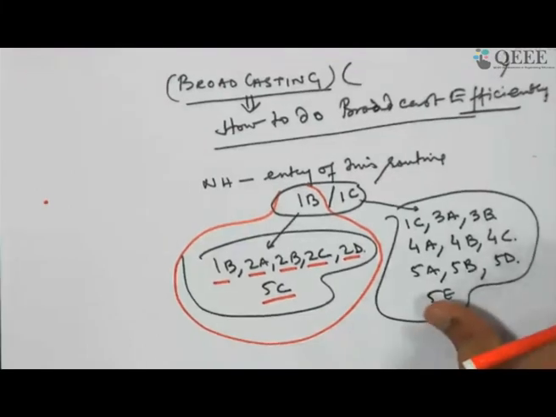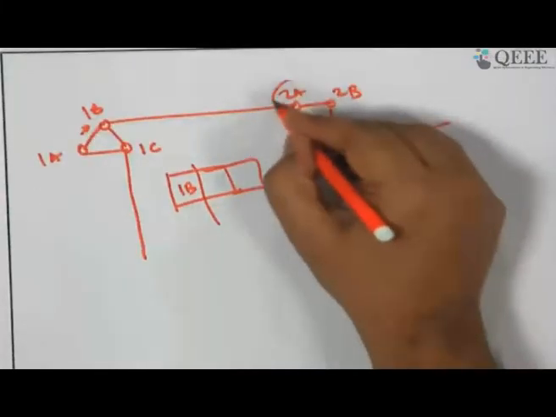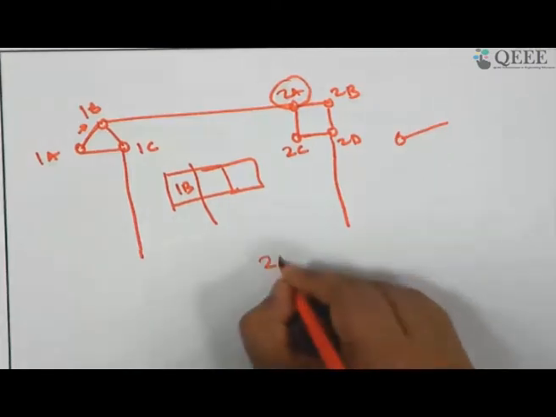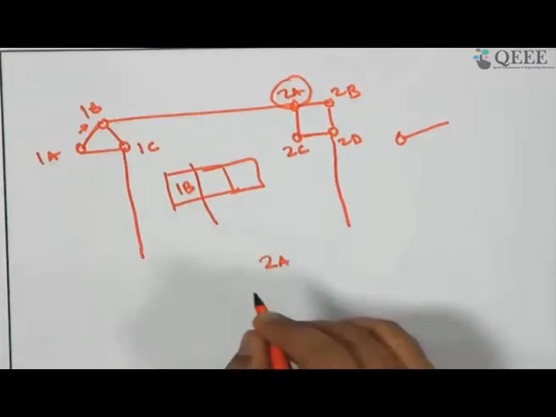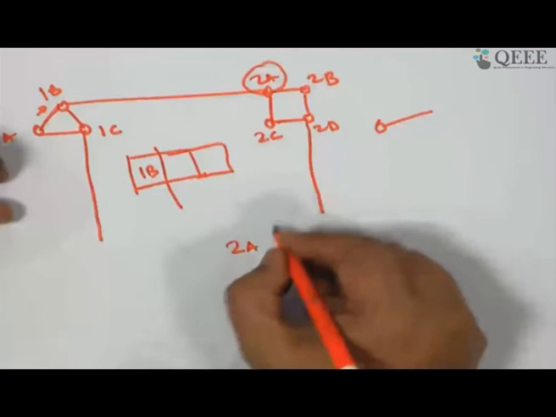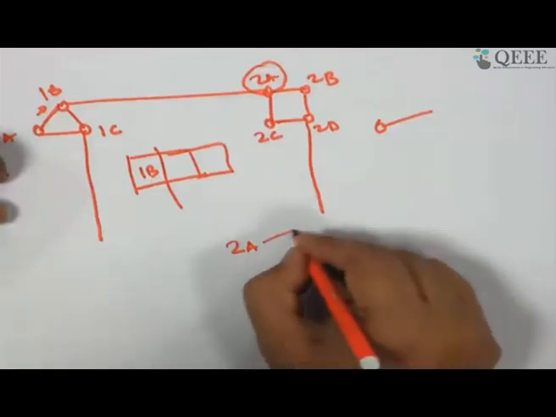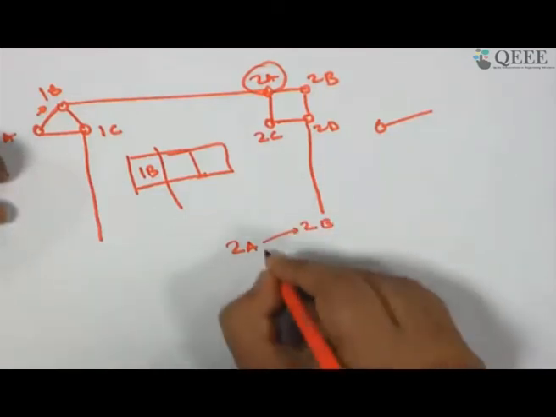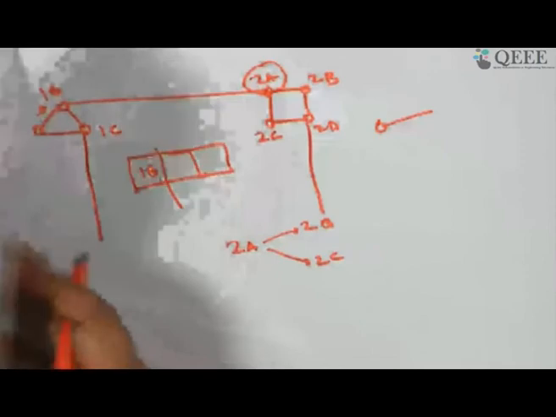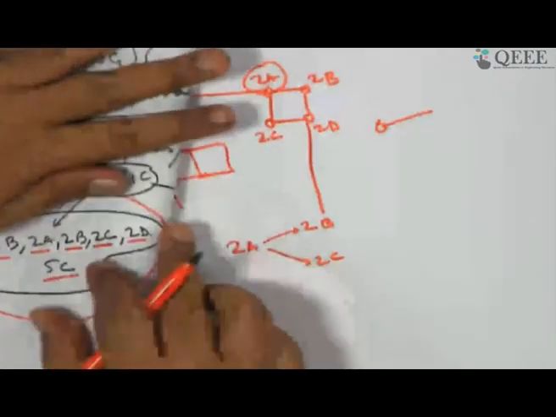Now the entire set will go where? Here 2A. The first hop is 2A. So now if you think carefully of 2A's routing table, how will it come? 2A will take some nodes through 2B and some nodes through 2C. So which of these will go through 2B and which will go through 2C?